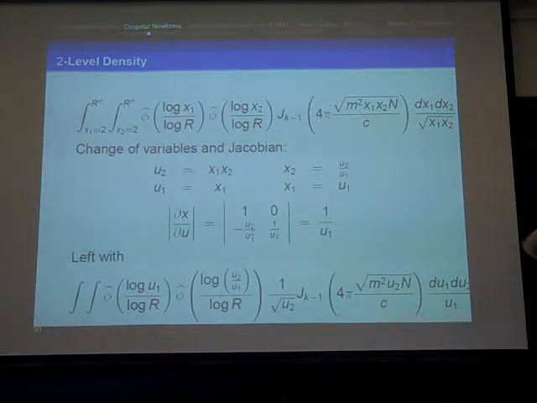And so when I plug this in, it works out beautifully. I get phi hat of the log of u1 over log of R, the log of u2 over u1, times du1 du2 over u1. What would you use to understand the log of u2 over u1?